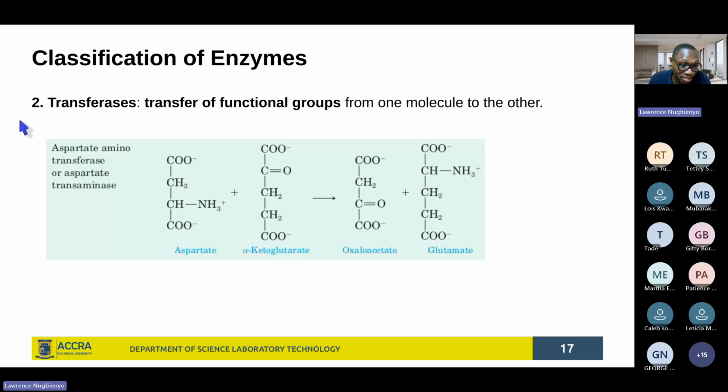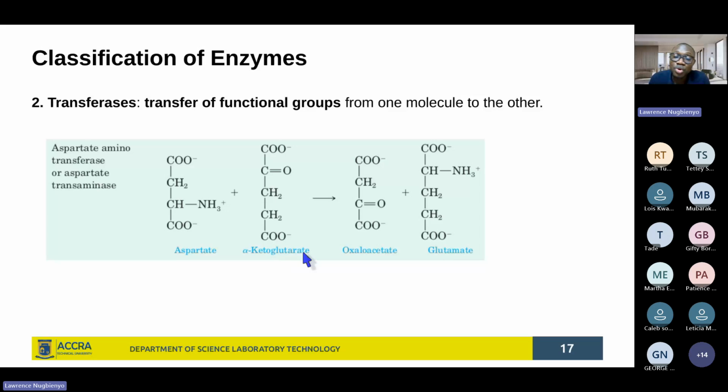That same enzyme is also called aspartate transaminase. So the aspartate is still there as the substrate. Transaminase is telling you the transfer of an amine group from aspartic acid, or from aspartate. Aspartate is an amino acid. Now you see the reaction. The reactants you see here: aspartate, that's an amino acid or aspartic acid, and alpha ketoglutarate.